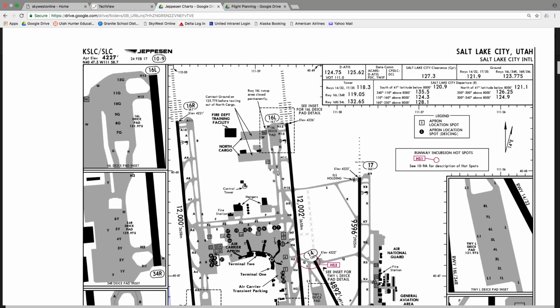So we take 15 degrees, which is our ISA at MSL, and we subtract 9. That gives us 6 degrees. So positive 6 degrees C at Salt Lake City. That is ISA at Salt Lake City.